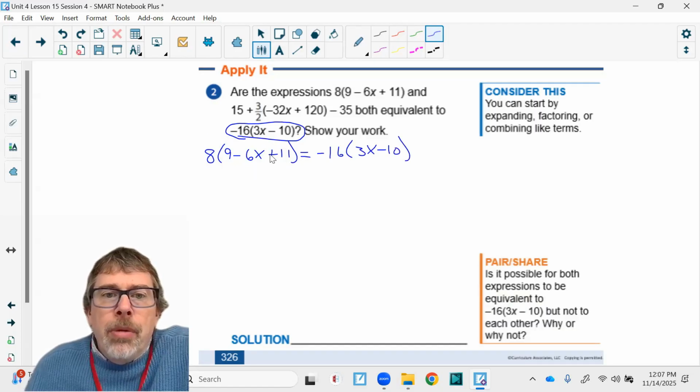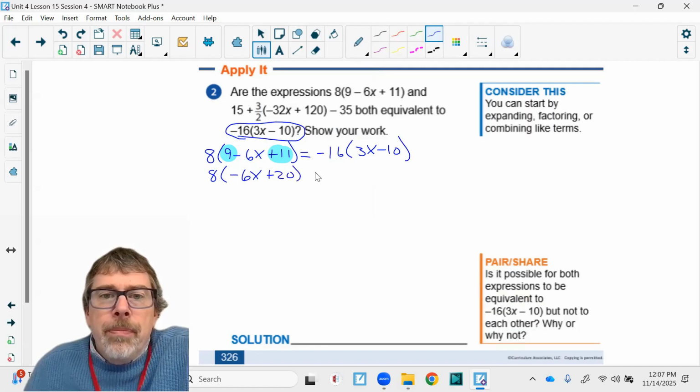So I'm going to combine like terms first. So this stays here. And when I do like terms, there's a 9, there's an 11, and that's by itself. Okay, so I'm going to combine those. So it's going to be negative 6x. That just comes down here. And 9 plus 11 is positive 20.